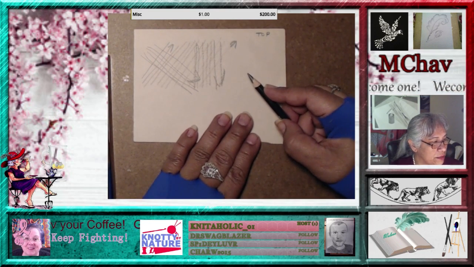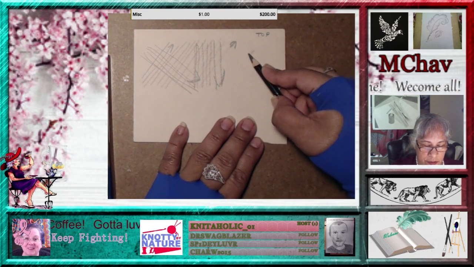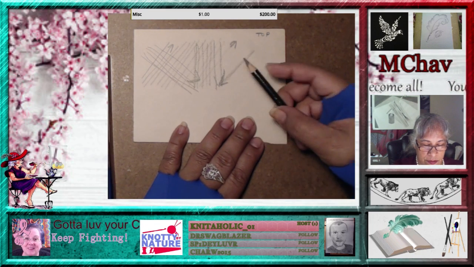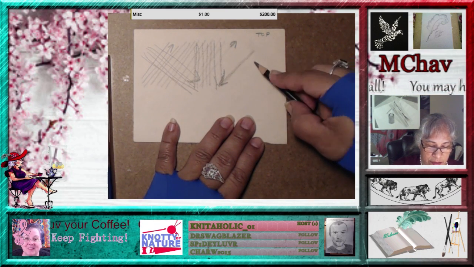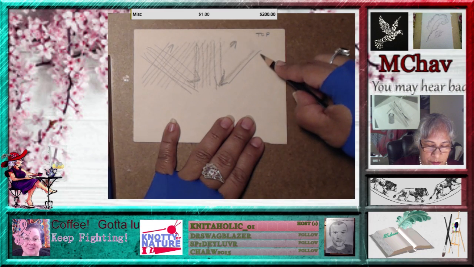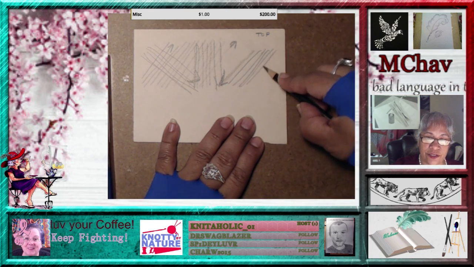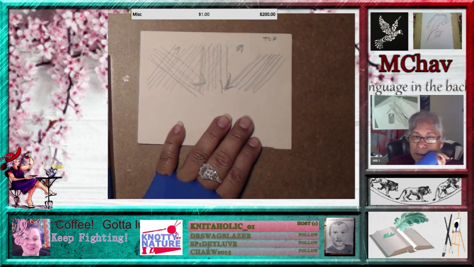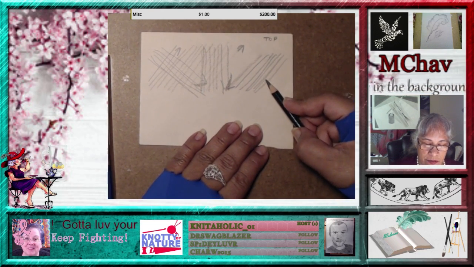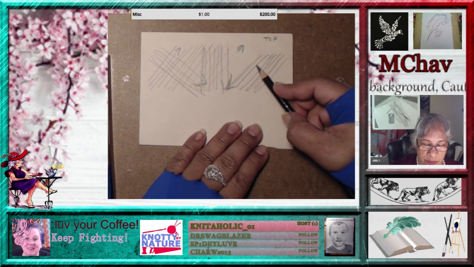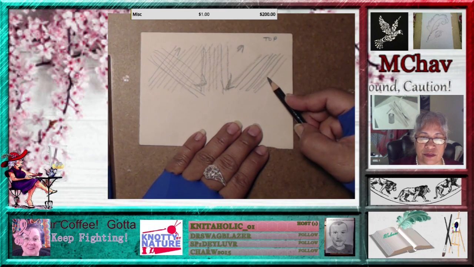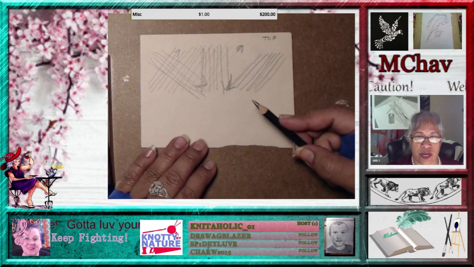Then you want to practice going this direction. Oops, my hand's getting lazy, I guess. So I want to go like this. Not turning your wrist, just going straight down. Eventually, you'll get to where your lines will be parallel to each other, the same distance in between as you practice more.